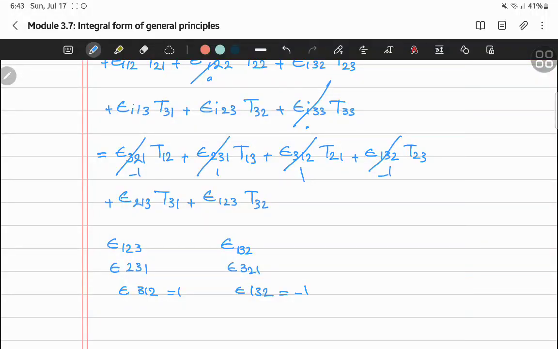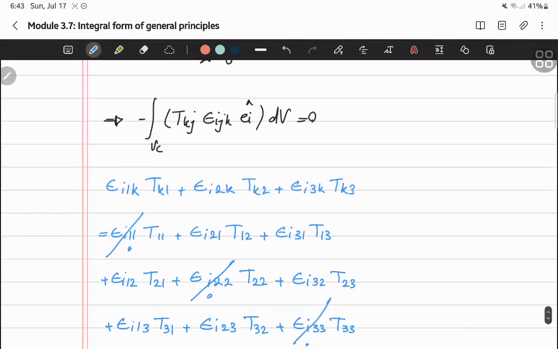Okay, 1, 2, 3, 2, 3, 1, and 3, 1, 2 are 1; 1, 3, 2, 3, 2, 1, and 2, 1, 3 are -1. So 2, 1, 3 is -1, and 1, 2, 3 is 1. And this is basically equal to 0 here.